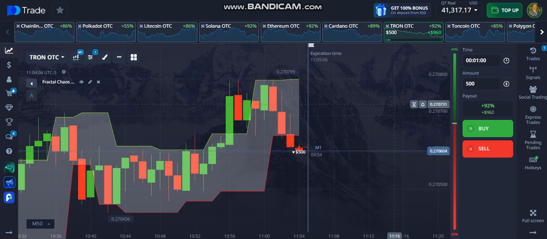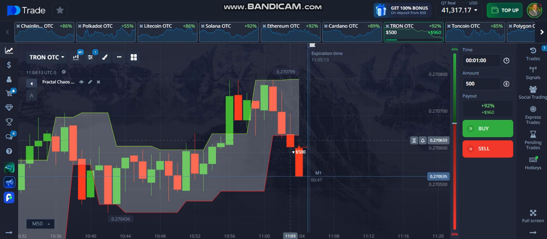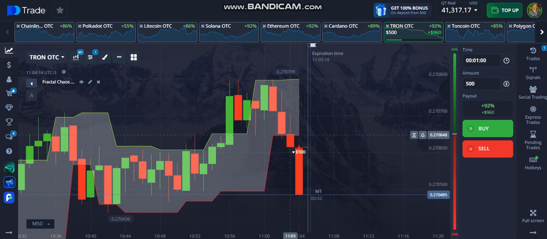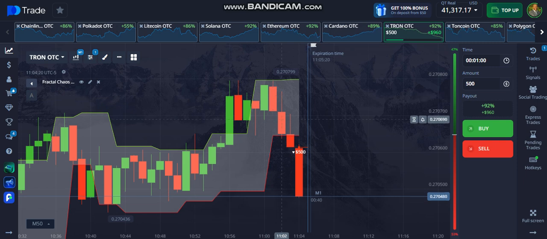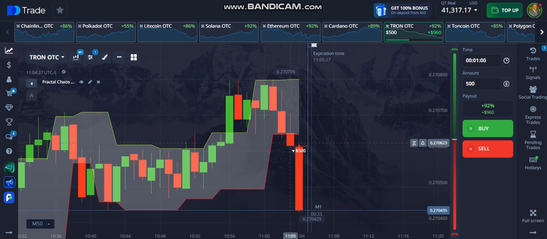Okay, so I'm on Tron, the Tron crypto, and I just took a put trade or a sell trade. And the reason why I took the trade is, if you notice, I took the trade during this previous candle here. Three bearish candles developed. This candle pushed outside the lower boundary of the fractal chaos band.